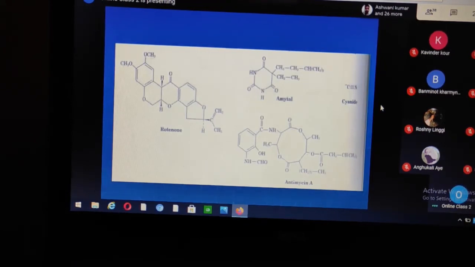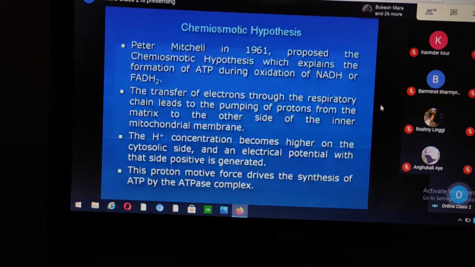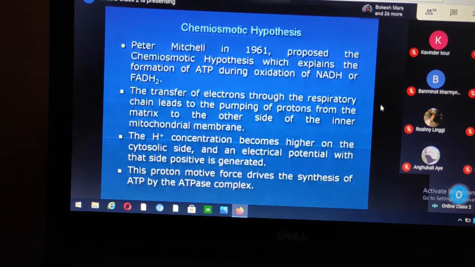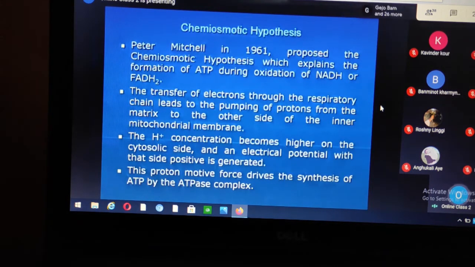Now, what we have discussed till now is how the electrons are transferred from the reduced coenzymes to the molecular oxygen so that the reduced coenzymes are oxidized. Here, the reduced coenzymes are oxidized by transferring the electrons to the molecular oxygen through a series of electron carriers.